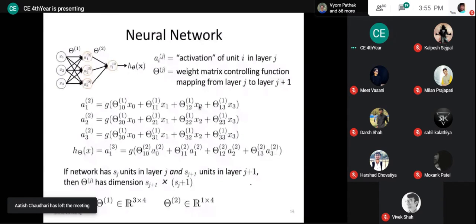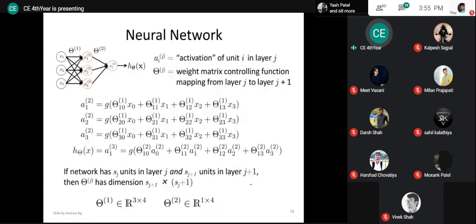And so on. Now similarly, if you check the equations of A2 and A3, I hope it's clear now why we have 12 different weights, or why we have a 3 cross 4 or 4 cross 3 matrix for this theta 1. I hope it's clear now.